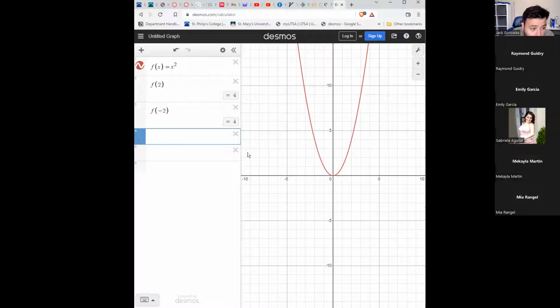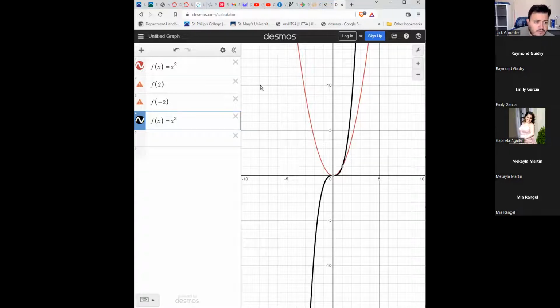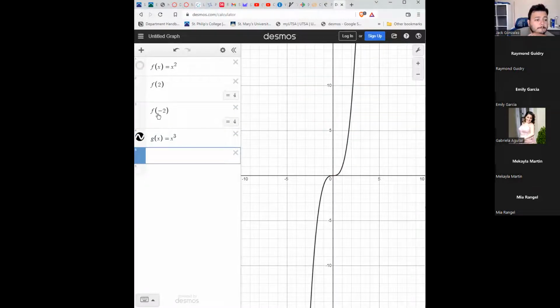Right. So odd function. We should know that the cubic function is odd, right? Call this g.